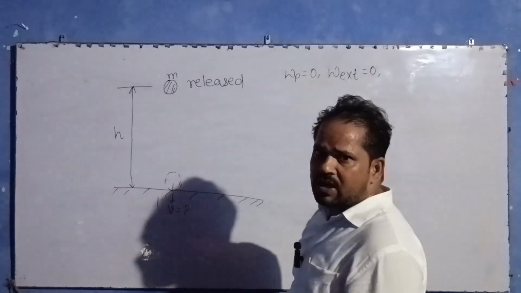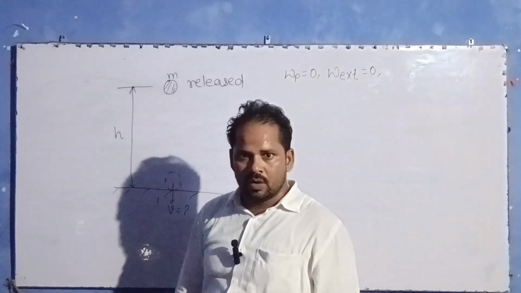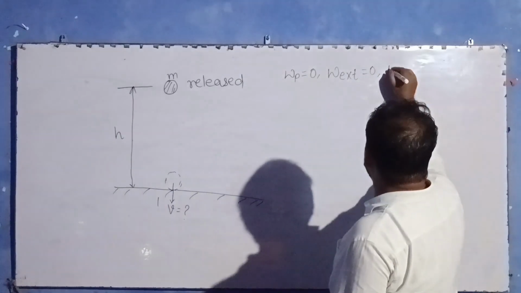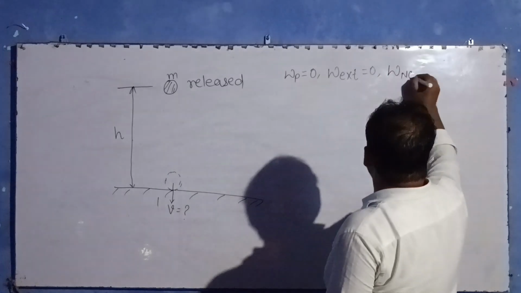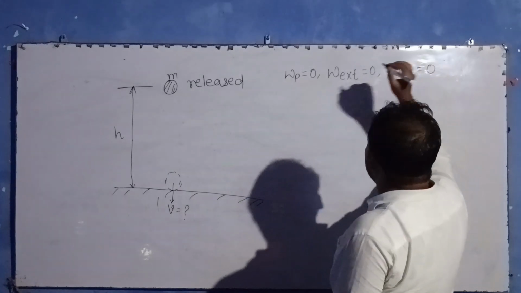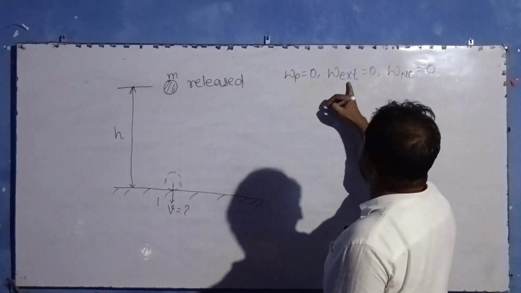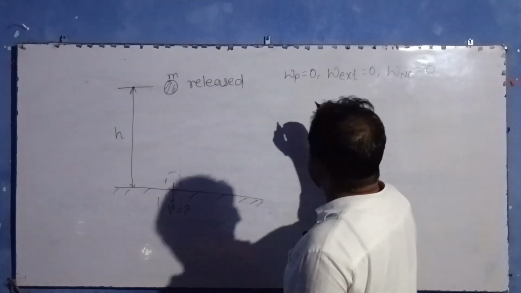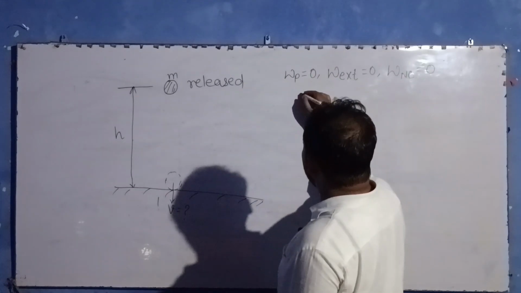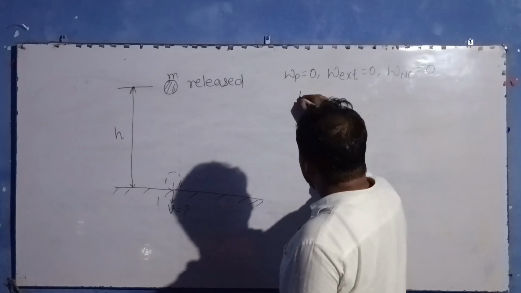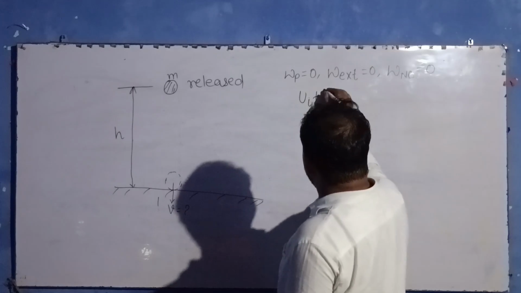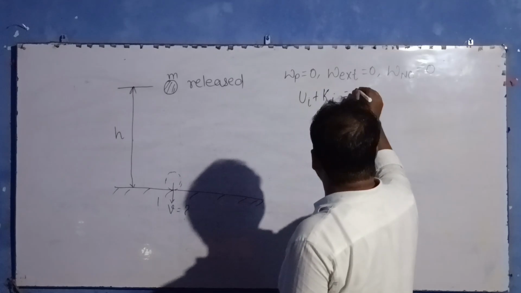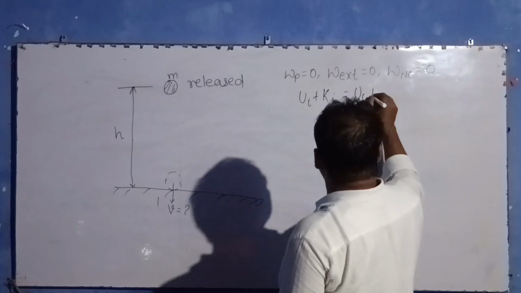Is there any non-conservative force? No, it is also not present. So by the work energy theorem we can write U initial plus K initial is equal to U final plus K final.